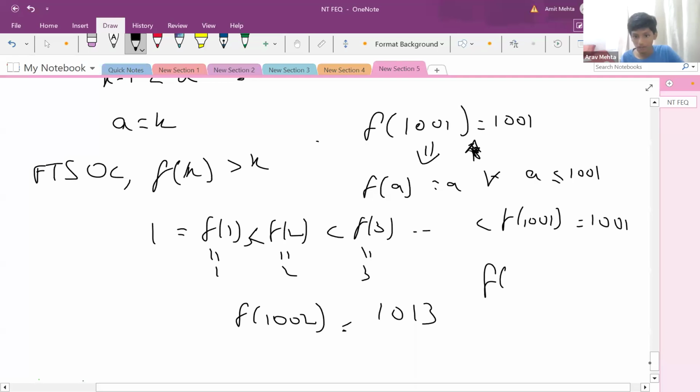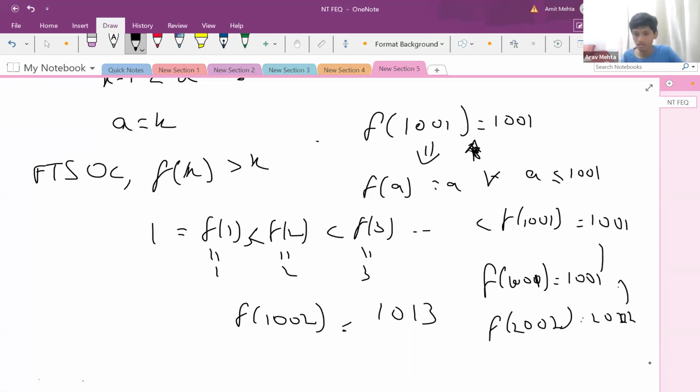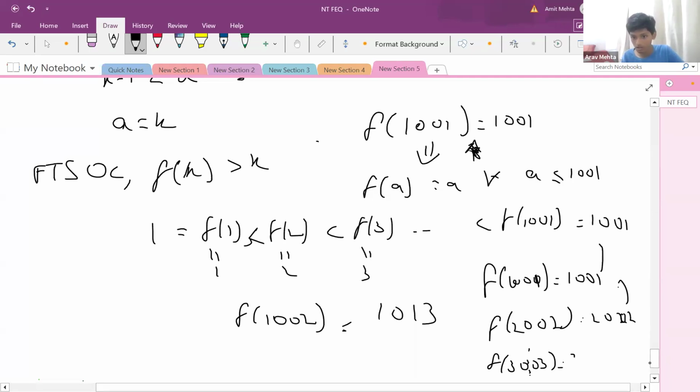Like maybe if we can get f of 1001 is 1001, then we might have that f of 2002 is 2002. Then we know that all values between are identity. And if we could have this for infinitely many values, like f of 3003 is 3003, and so on, then we'll be done.